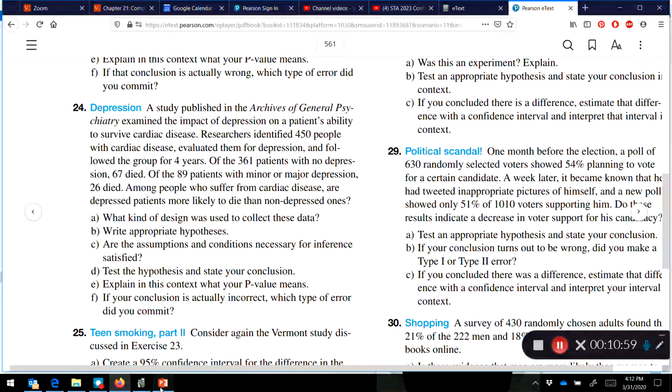Okay? That's what that 0.013 means. Now, if your conclusion is actually incorrect, which type of error did you commit? Do you remember our discussion of type 1 and type 2 errors? That would be an example of a type 1 error.